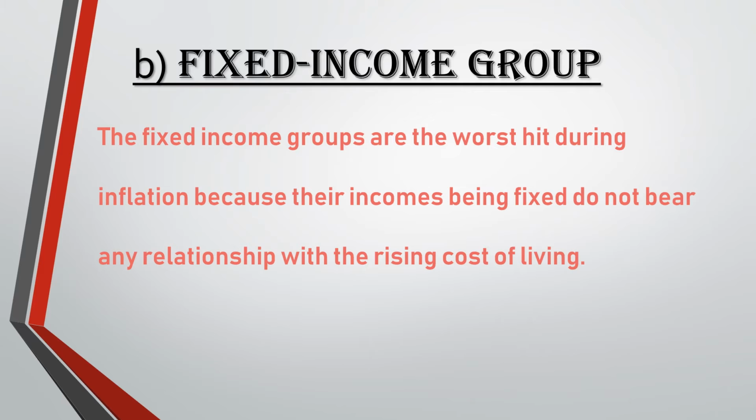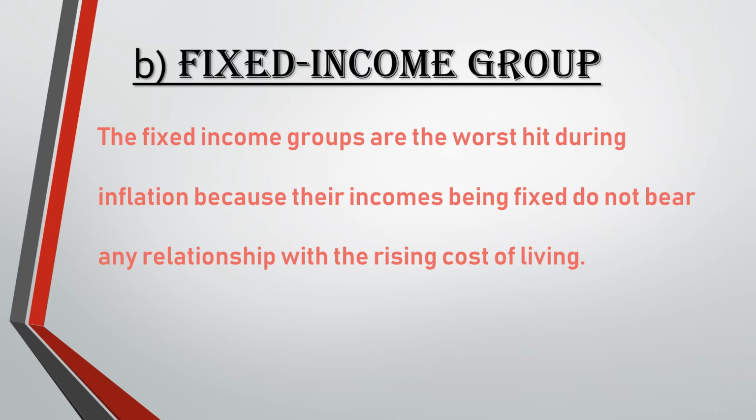There is the fixed income group. Those who receive transfer payments such as pension, unemployment insurance, or social security, and the receipt of interest and rent, live on fixed income.